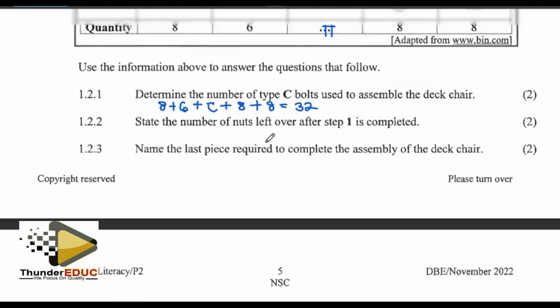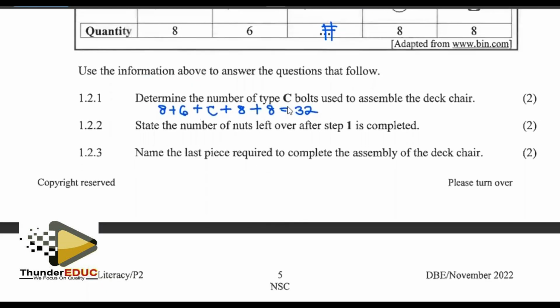All right, when we add this, 14 plus 8 is 22. 22 plus 8, you get 30.